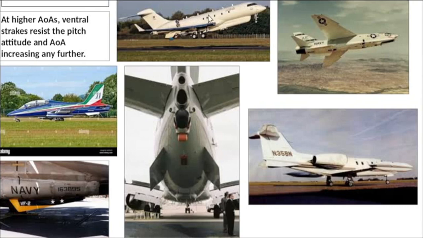This airplane is based on a Global 7000. This is a military version, also maybe a communications node, but it could be airborne early warning too. But the ventral strakes are in the back, and these two airplanes have a high tail, so they are in danger of what's called getting into a deep stall, because if the relative wind is coming at an angle like this, the big wing is going to blank out the horizontal stabilizer, and you'll have limited to no control authority to put the nose down.